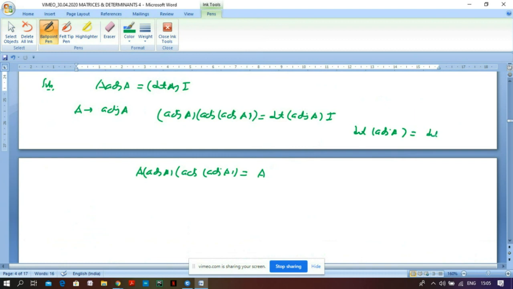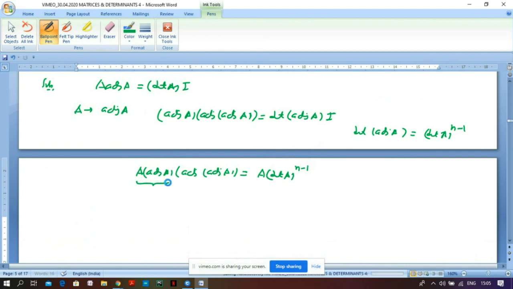That is det of A to the power n minus 1. So we write this: this is A, and this is simply a scalar, det of A to the power n minus 1. So this is what we have got right now.